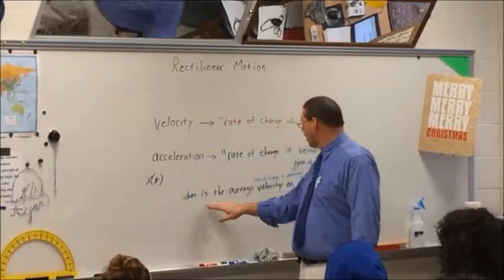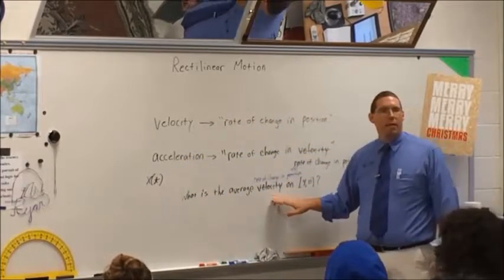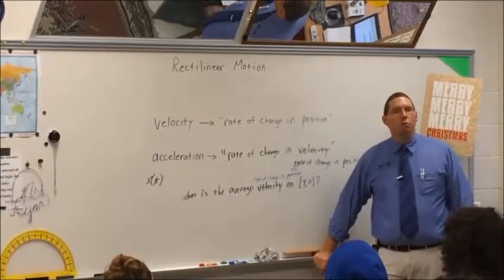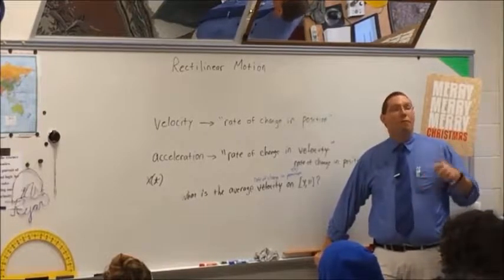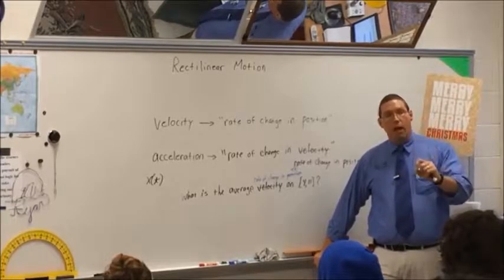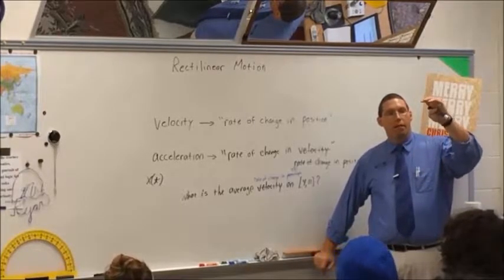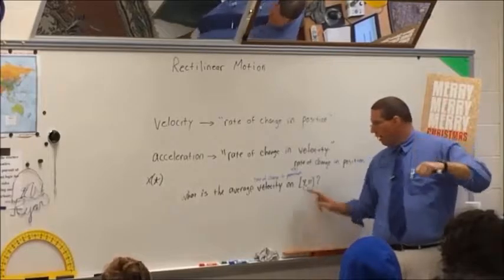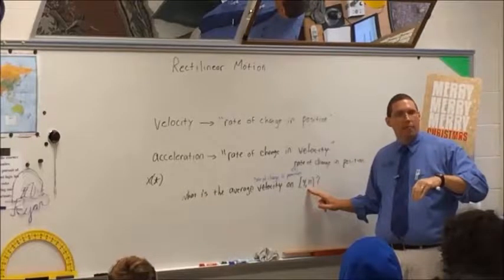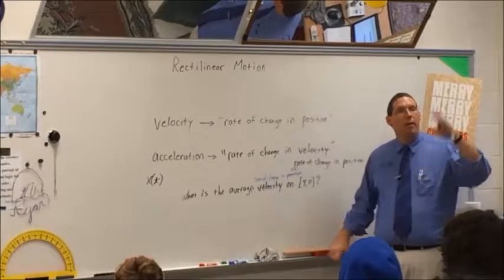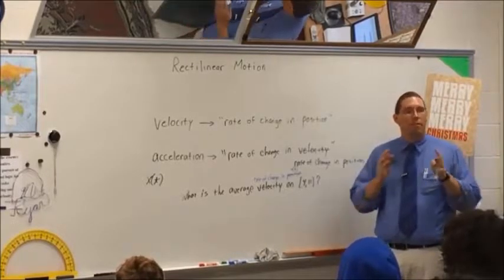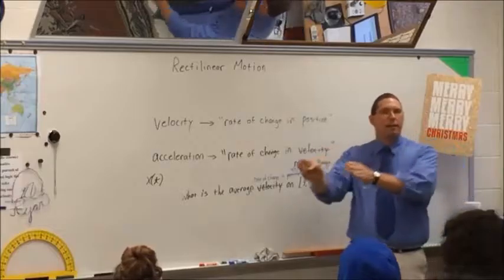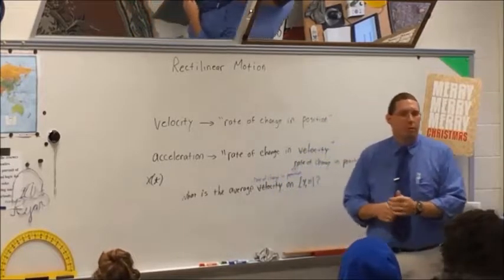So if the average velocity winds up being like negative 2 feet per second, that means that the average speed, not at any one particular time, but from the time something started at 4 till it ended at 11 seconds, its average speed was 2 feet per second. If you were to give the same speed to every second in the interval, it would be 2.